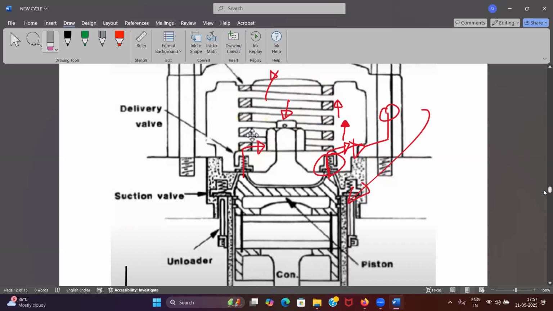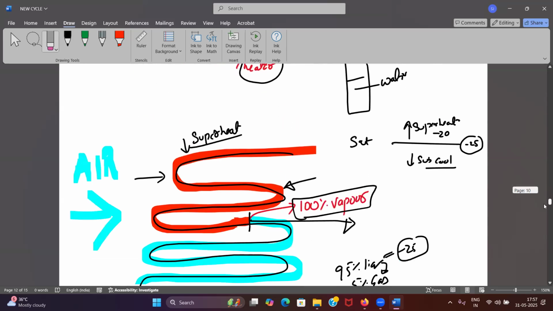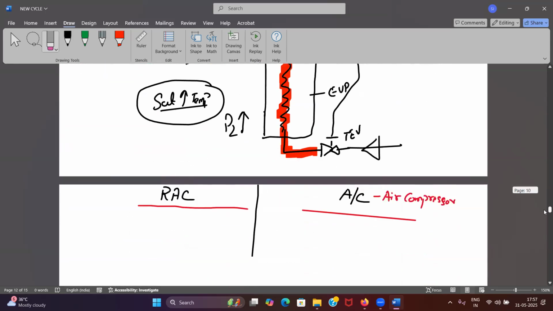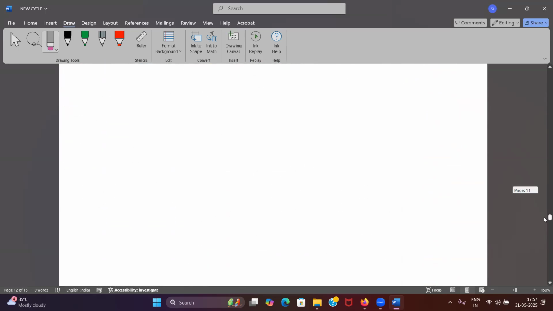Okay, and temperature will not be maintained, and it will cut off because of low pressure, and cut in because the temperature is not maintained, right? Yes, sir. Okay, so this is short cycling. This is LP cutout, which is auto reset.